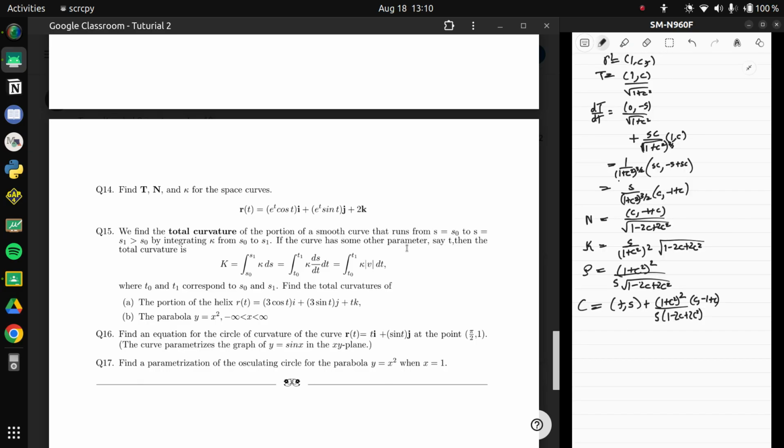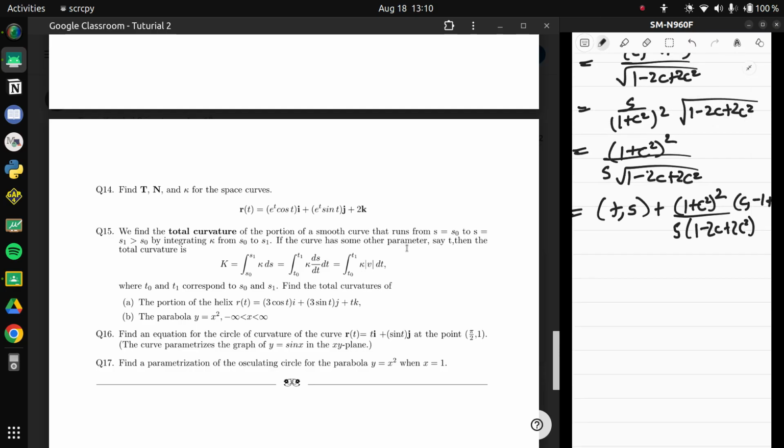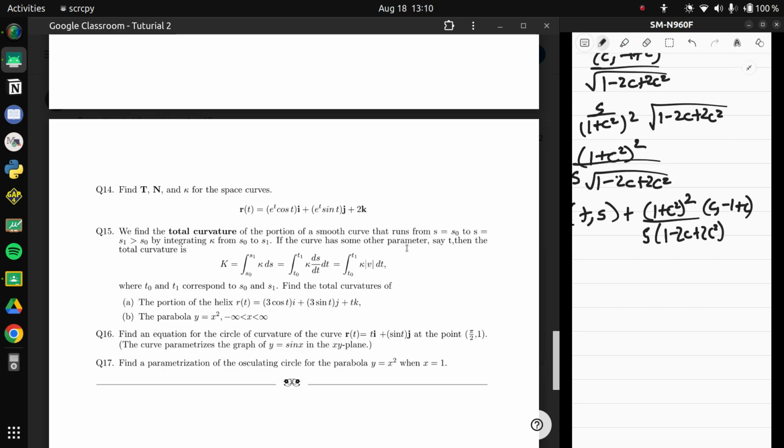So then the whole thing boils down to, oh, this is really problematic. Can I actually simplify this further? I don't feel like I can. Nope, this is the most simplified thing yet, I think.